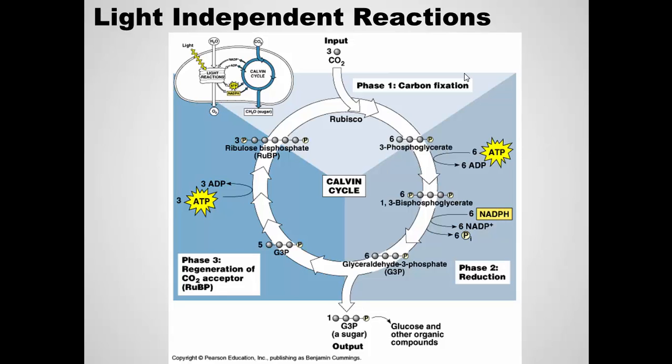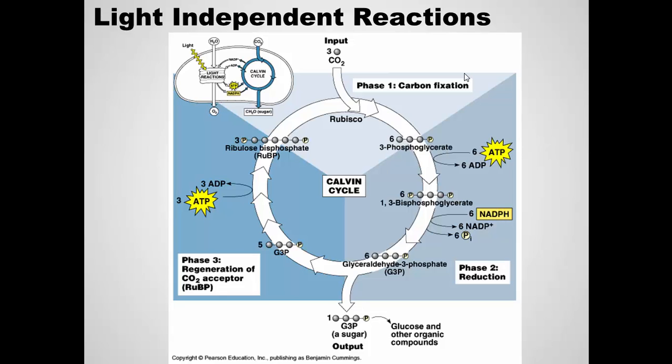So the carbon dioxide, you need 3 carbon dioxides to come into this cycle. And what happens first is they get captured. They get attached to this special compound called ribulose bisphosphate, RuBP, and they get temporarily stored there. And then ATP and NADPH are used to transform these molecules into several different precursors.